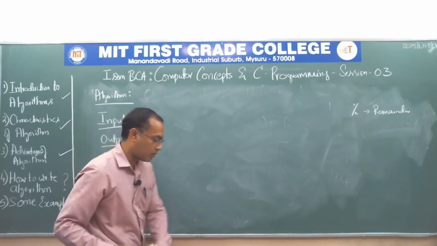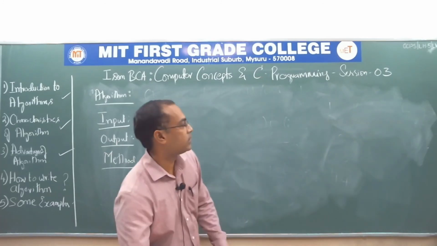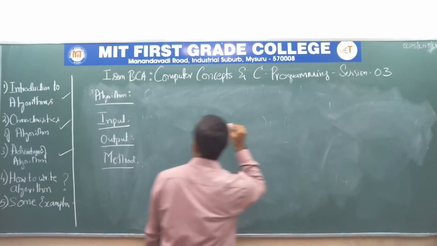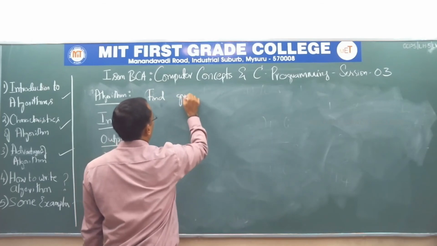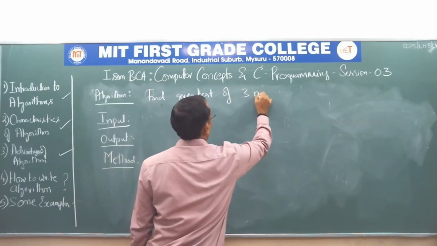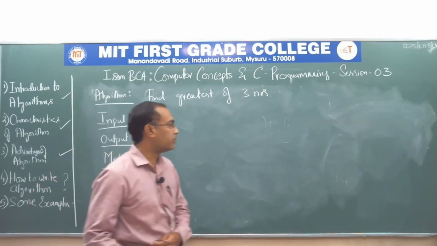One more classical problem, a basic problem in computer science while teaching programming, is to find the greatest of three numbers.